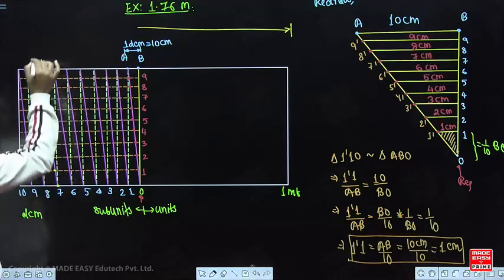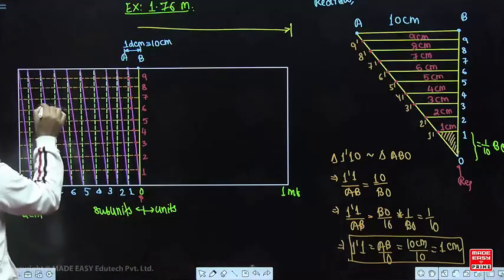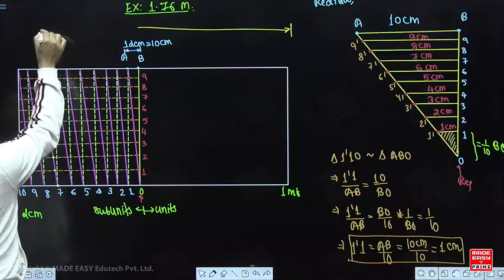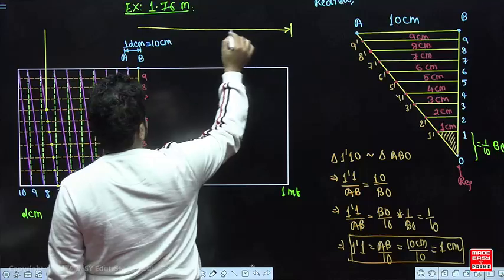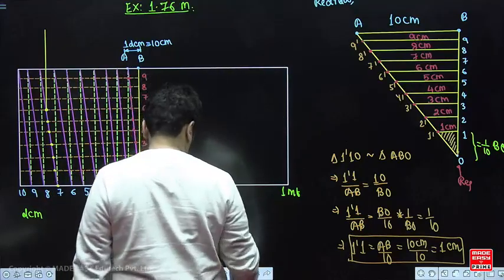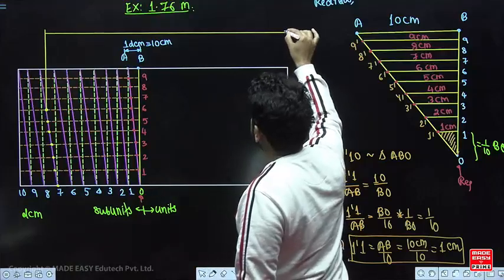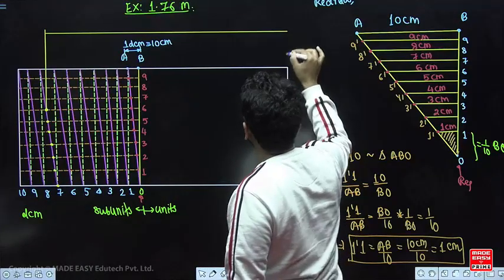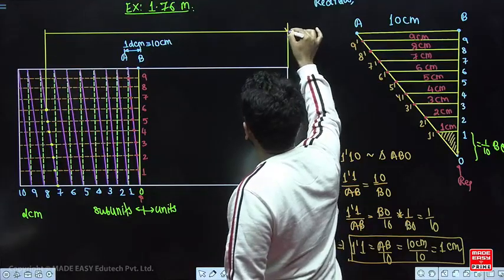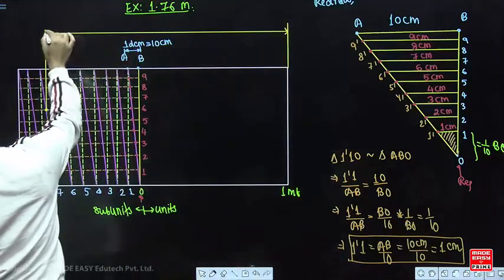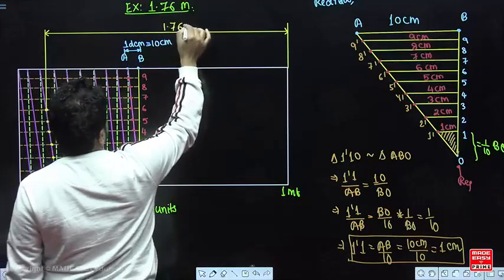So that means from here if I draw a line like this, this distance is 1.76 meter.